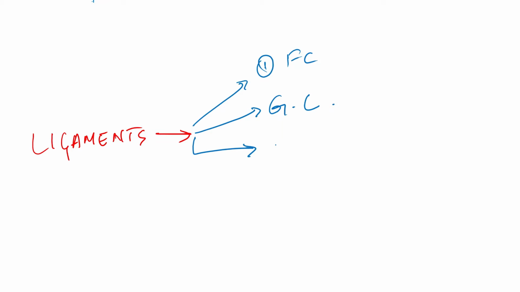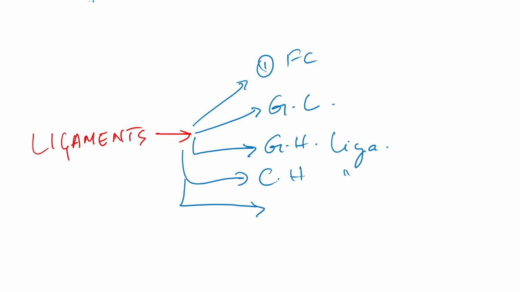Then next is the glenohumeral ligaments, and the coracohumeral ligament, and there is something called the transverse humeral ligament. So I repeat, the 5 ligaments of the shoulder joint are the fibrous capsule, the glenoid labrum, the glenohumeral ligament, the coracohumeral ligament, and the transverse humeral ligament. We will look at the ligaments one by one.